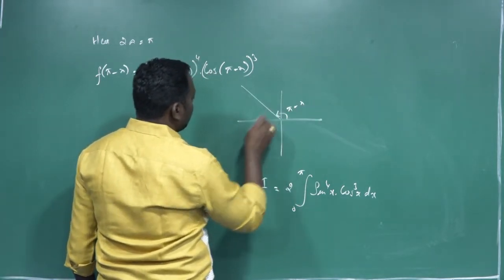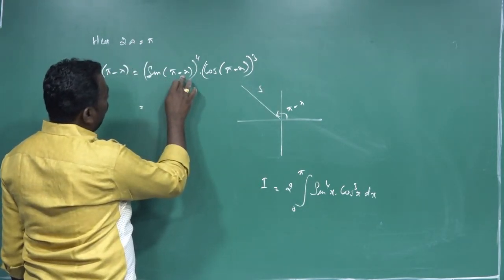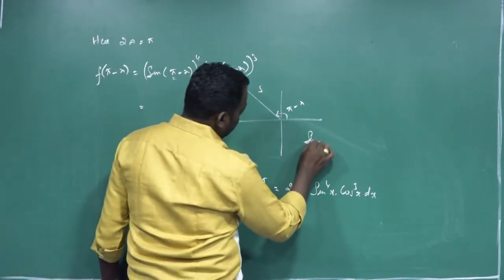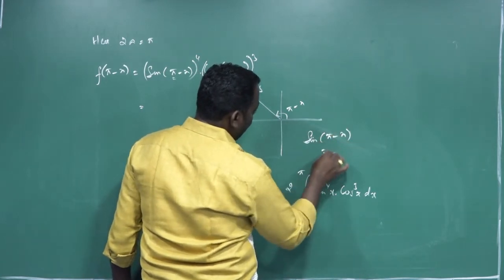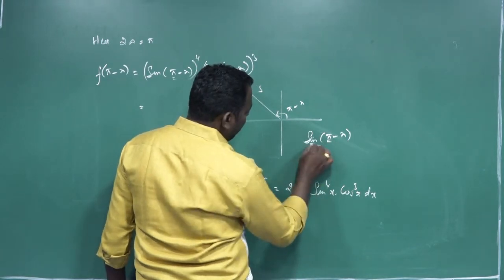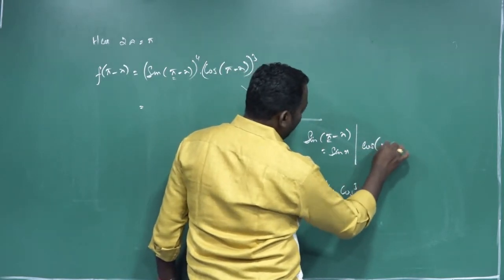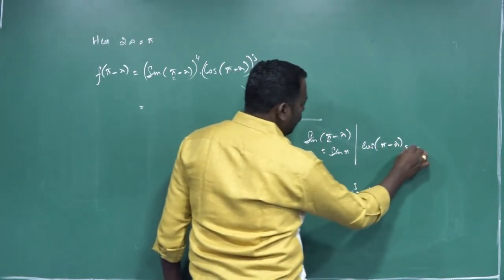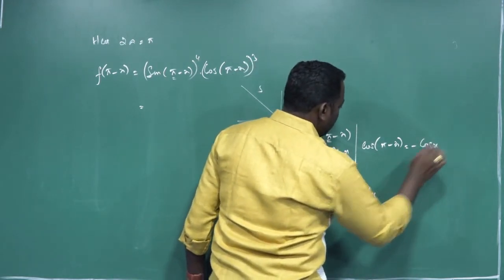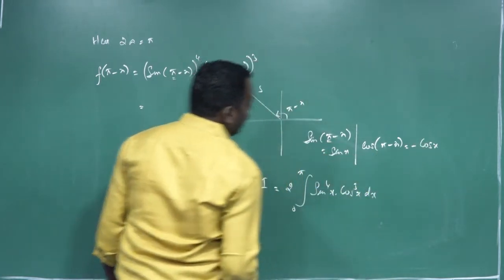In this quadrant sine is positive, so sin(π − x) is equal to sin x, because supplementary angles have the same sine. And similarly cos(π − x): in the second quadrant cosine is negative, so cos(π − x) is equal to −cos x. Therefore sin(π − x) equals sin x, and cos(π − x) equals −cos x.